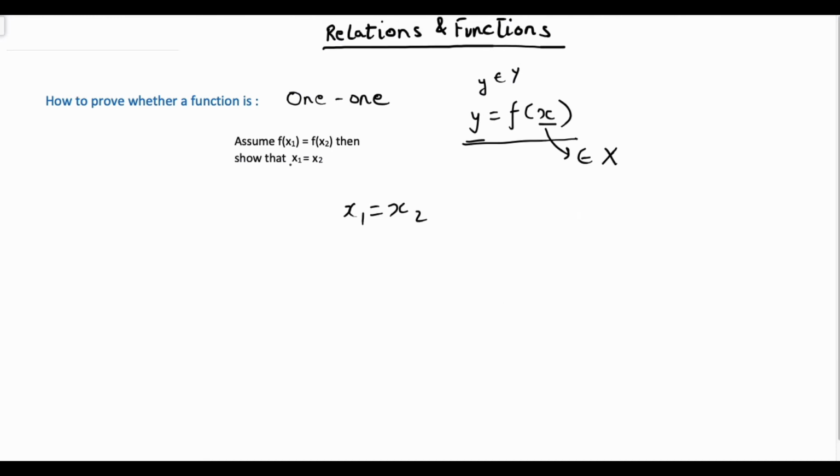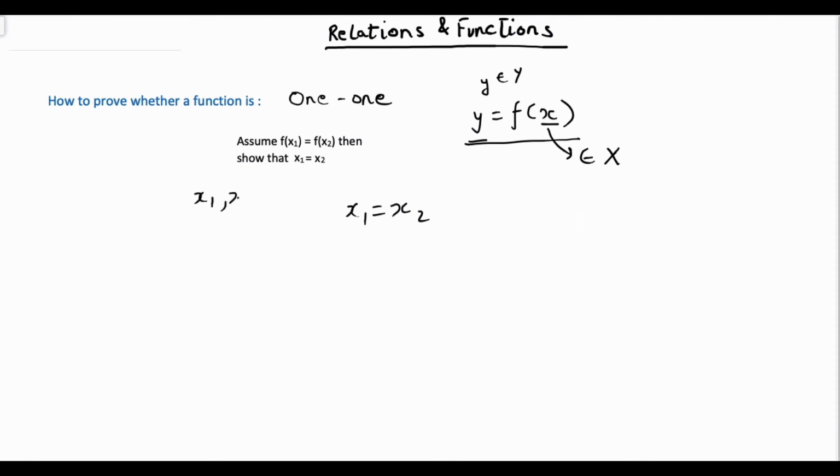And if it turns out that for any general x1, x2 belonging to the domain of the function, f of x1 equals f of x2 implies that x1 equals x2, then it shows that the function is 1, 1.